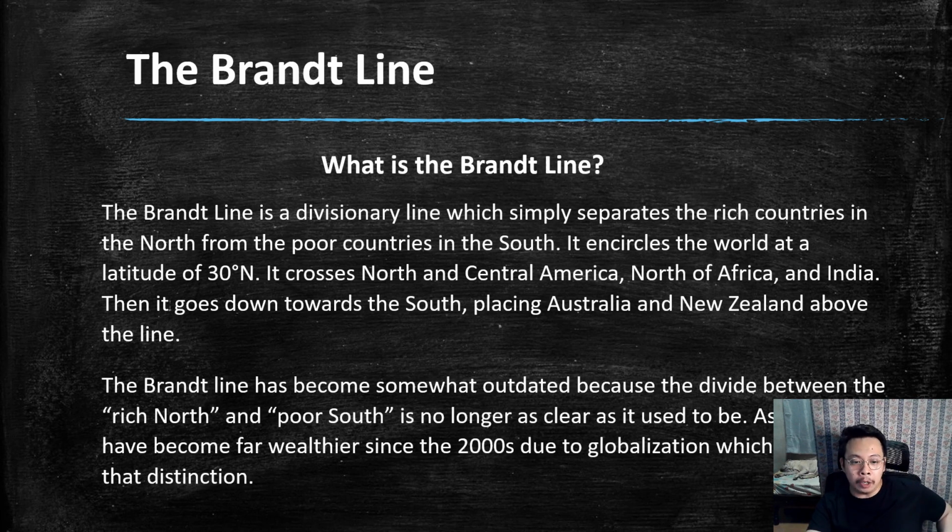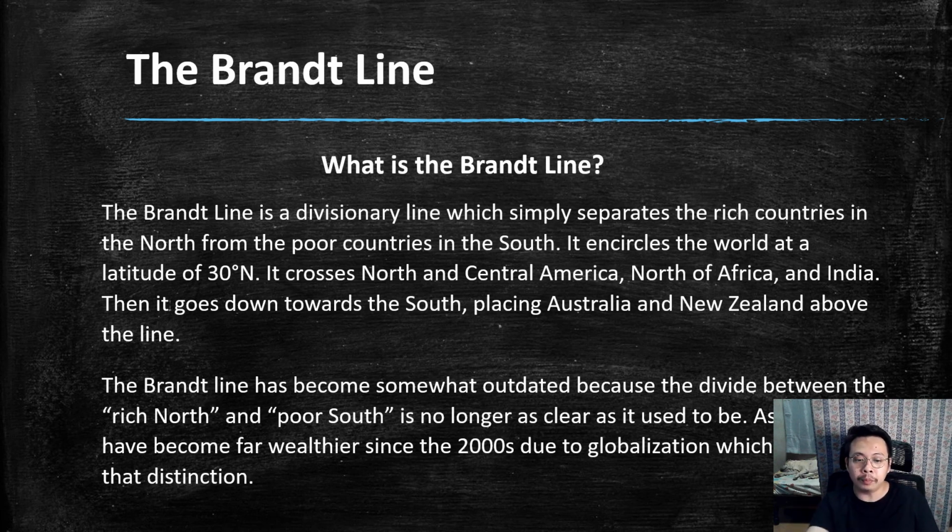Pero recently, kaning line has become somewhat outdated because dili na kuno clear ang divide between the rich north and the poor south, in quotes. Kay tungod na if you look at development recently, especially in terms of kanang sa China, bisan kita diri sa Pilipinas, we are no longer as poor as when we were still developing in probably around the 80s, 90s.